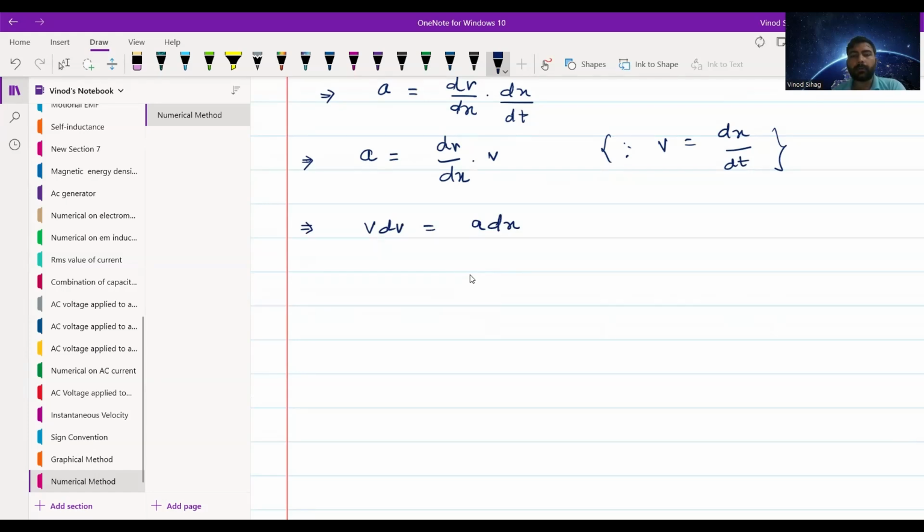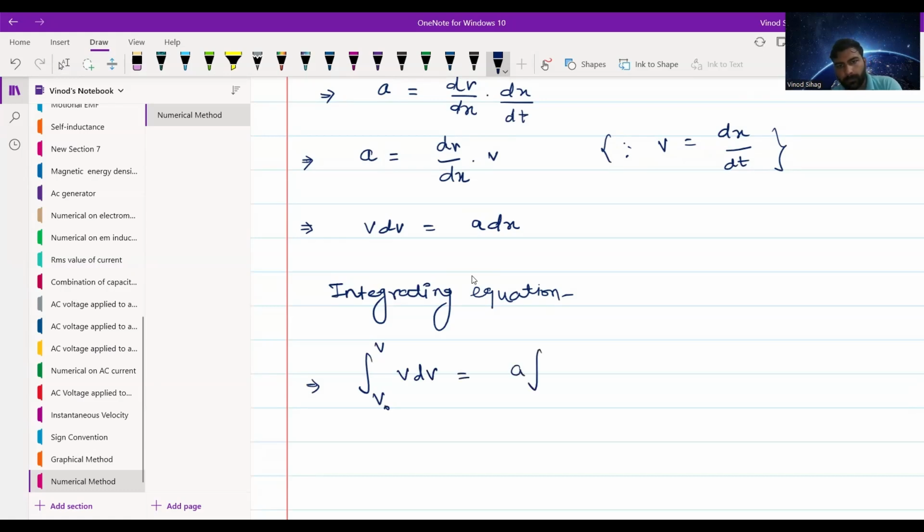Now again integrating this equation, we will get the limit of v from v naught to v, v dv equals, sorry, x naught to x, dx.